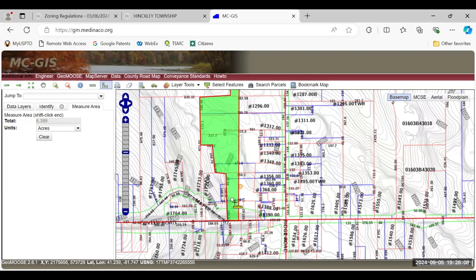So what you're saying is we should not go beyond this line. Correct, because we need to maintain boundary integrity. Currently, there's a boundary right here and there's no buffer.